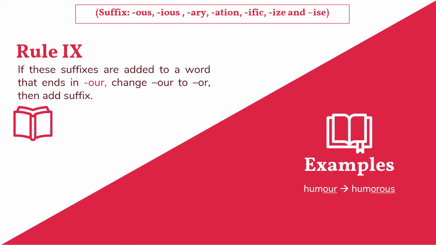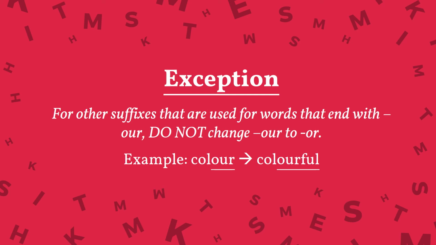Okay, let's see one more example. Labor, laborious. Here also you can see labor, OUR, and while writing laborious, we have removed that U and instead of OUR we have used OR and then added the suffix IOUS. Now there is an exception to this rule.